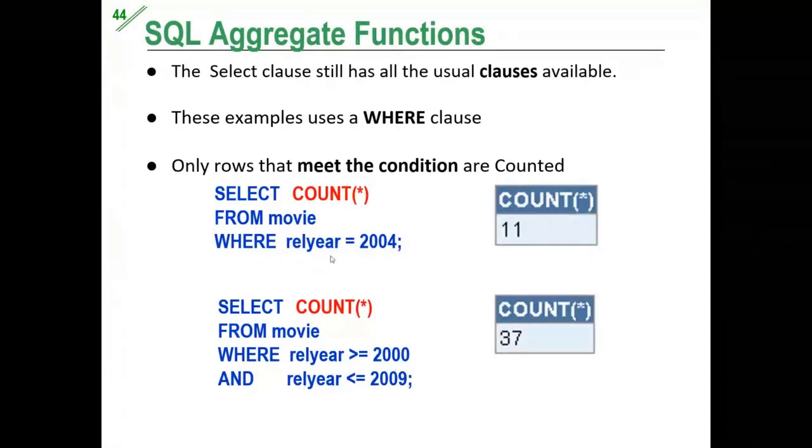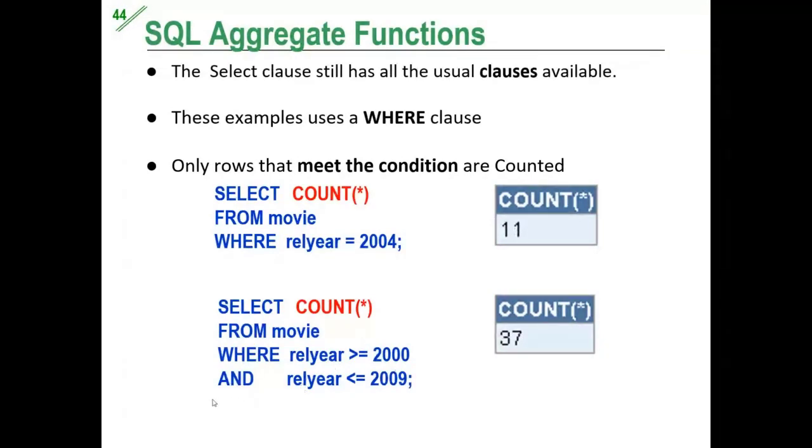So I restricted the release year equal to 2004, but I still focus on the whole table, with only release year 2004. So the count is 11. I have 11 movies released in the year 2004. So that is what we mean by this.